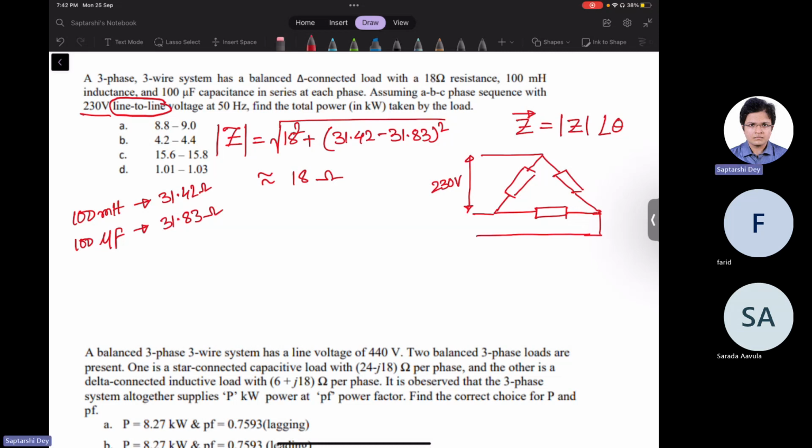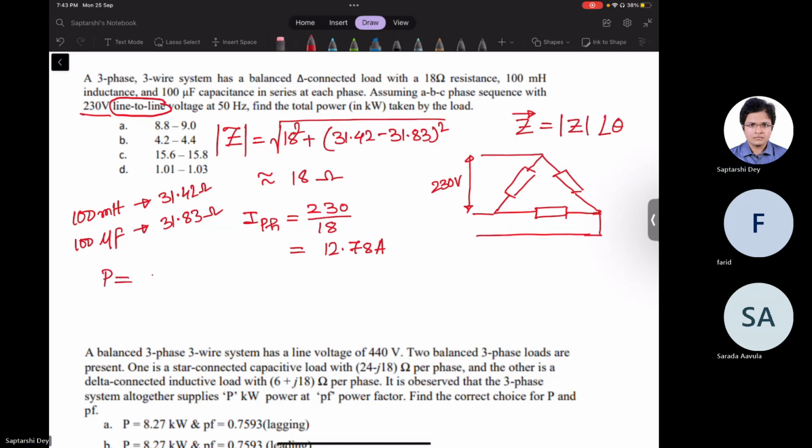So phase current is phase voltage by impedance, 230 by 18, around 12.78 ampere.